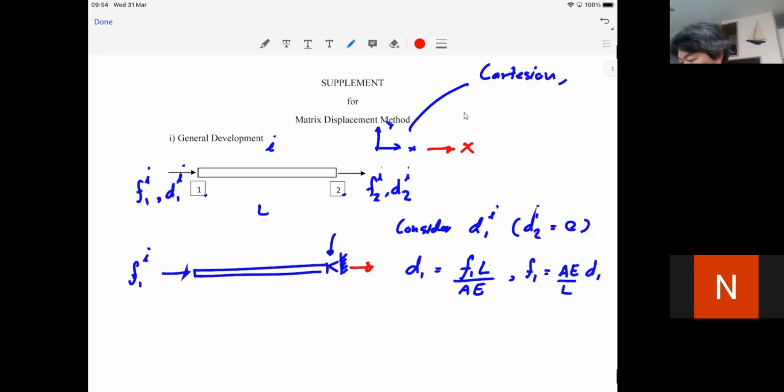So I can say F2 is equal to minus F1. So F2 is equal to minus AE over L D1. And don't forget to add the superscript later on.